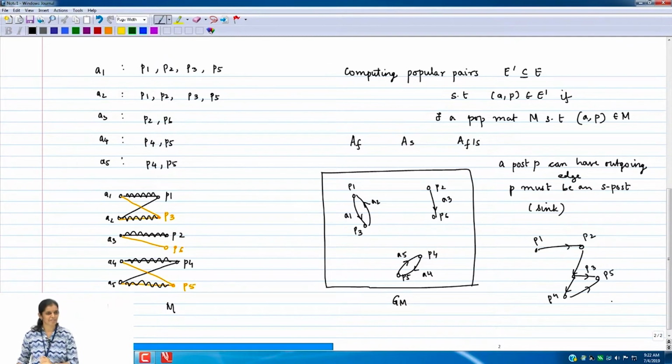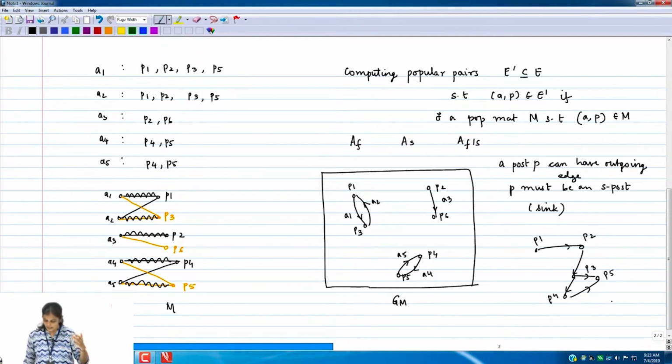There is something wrong, but we should identify what is wrong. So what does it mean to have two incoming edges? That there are 2 applicants who think that this post is their F post. Suppose that post is an F post. There are 2 applicants who are matched to somewhere outside of the F post, but they think that this is their F post and they would like to go there.